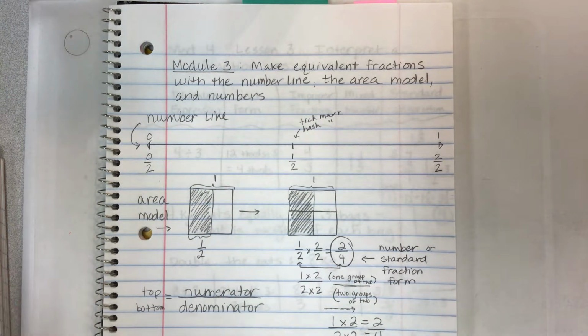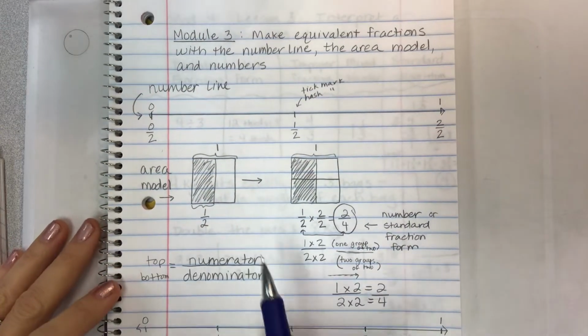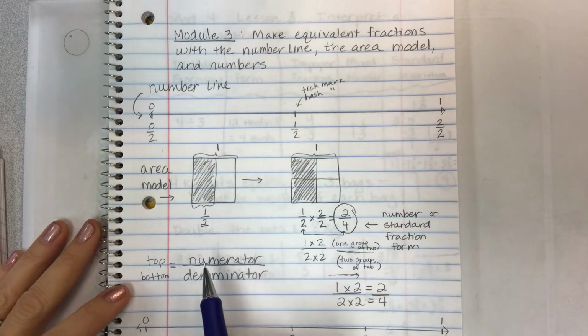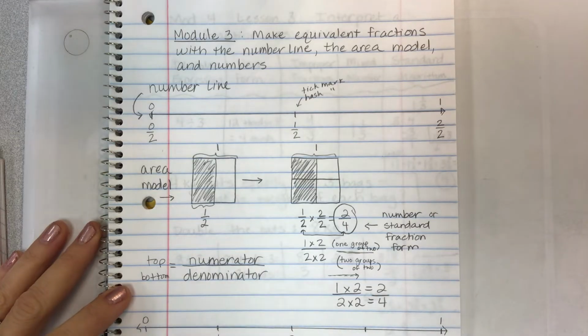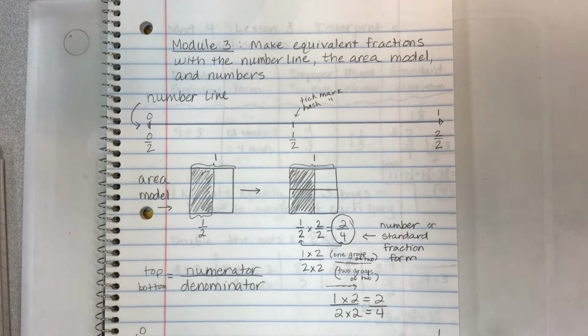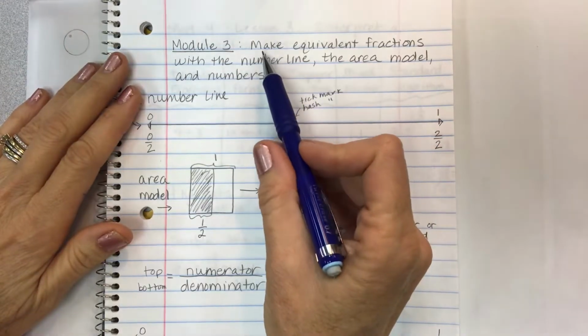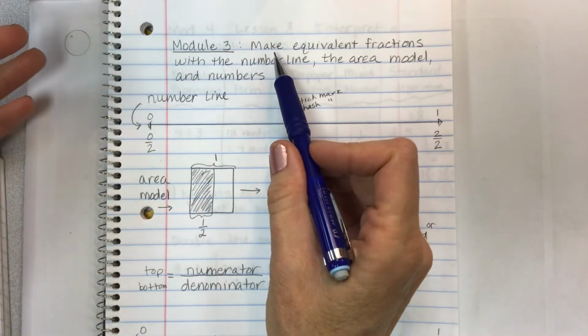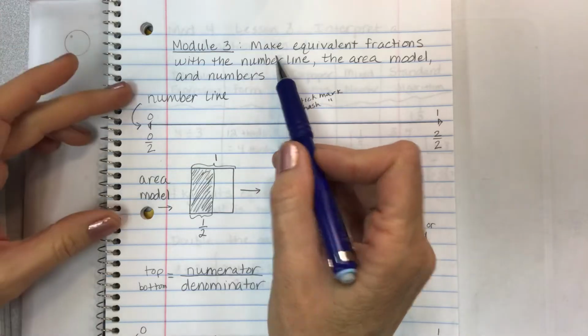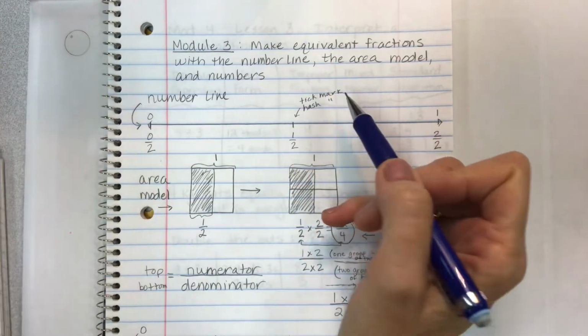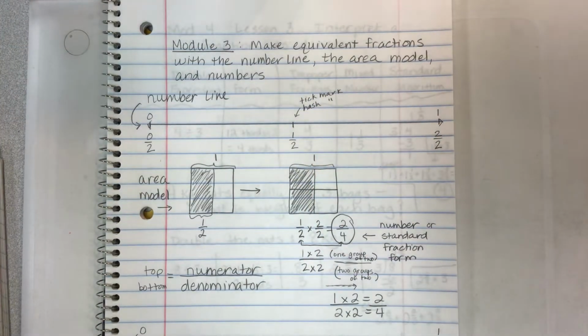But just a quick review, a fraction is kind of a relationship between these two numbers. You'll have a top number and a bottom number and a line in between them. And we're going to talk a lot about what the line means and what the numbers mean, and things will change, but that's okay. The big idea here is that not only are we going to understand fractions and work with them, but we're going to make equivalent fractions right away in Lesson 1.